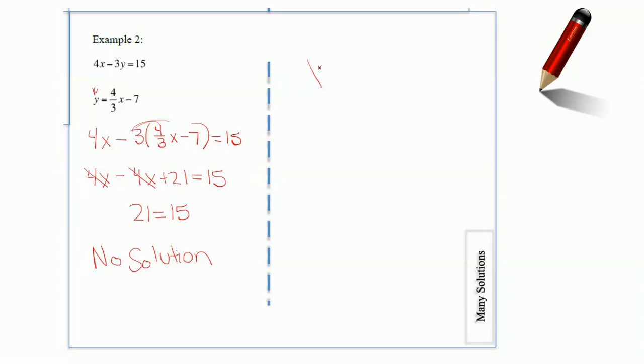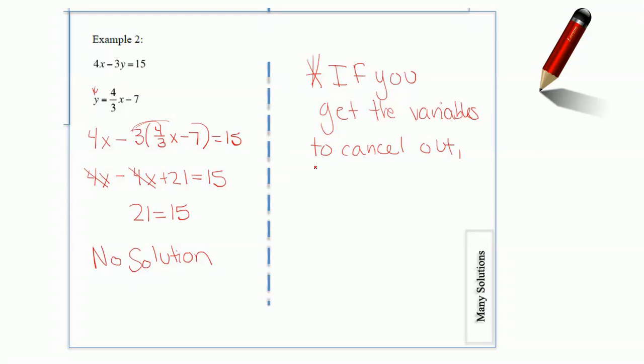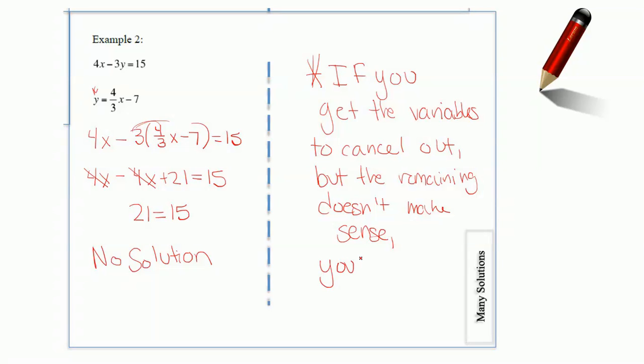So, just a big star over here. If you get the variables to cancel out, but the remaining doesn't make sense, you have no solution.